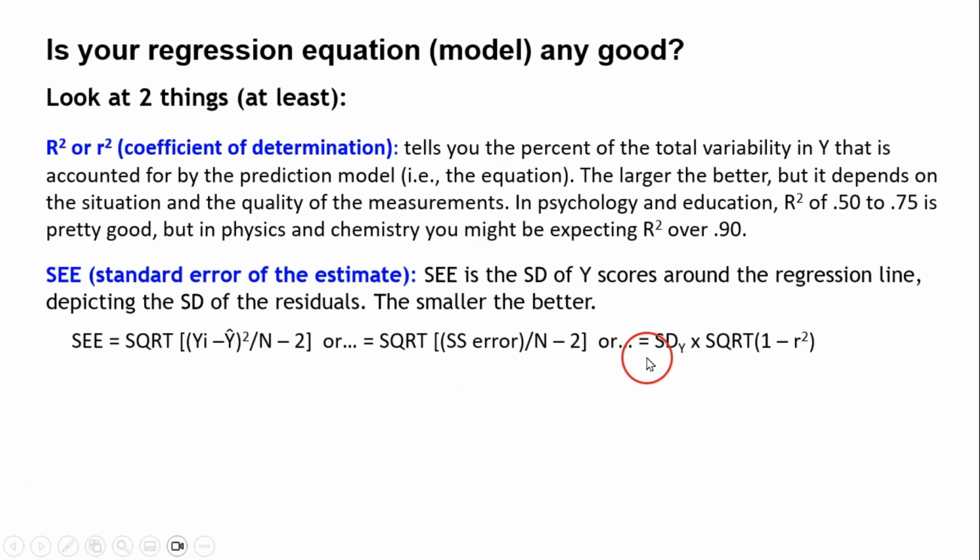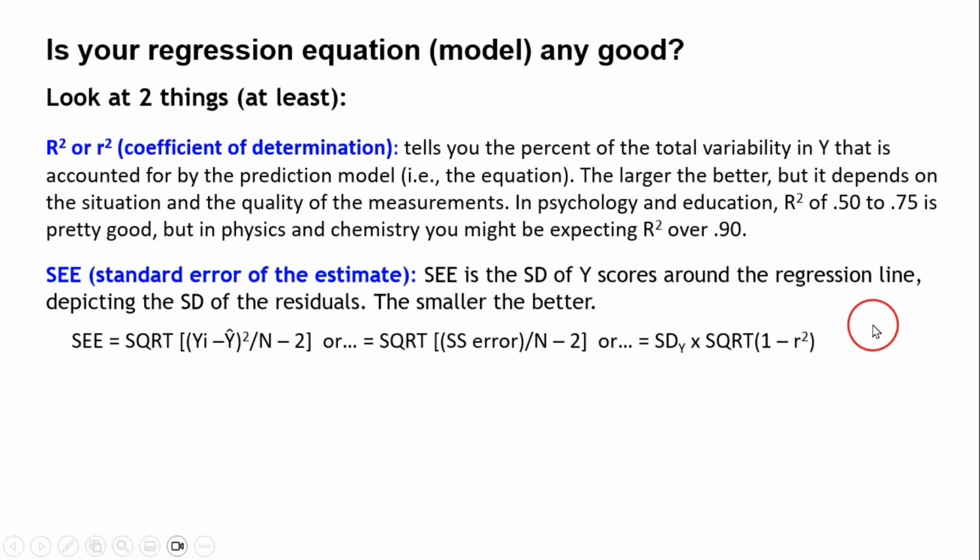Or a pretty simple way that can be done by hand is, if you have the standard deviation of the y-scores, you just take that times the square root of 1 minus r squared, or big R squared here too. It could be either one. All 3 of those will give you the exact same result.